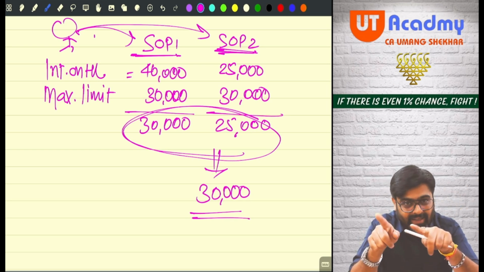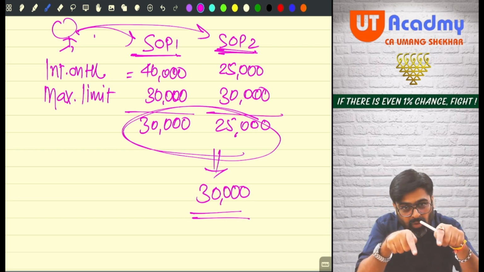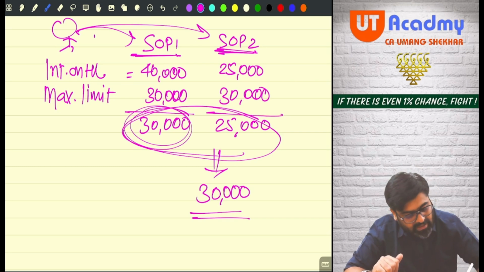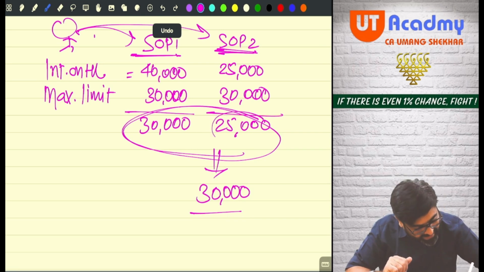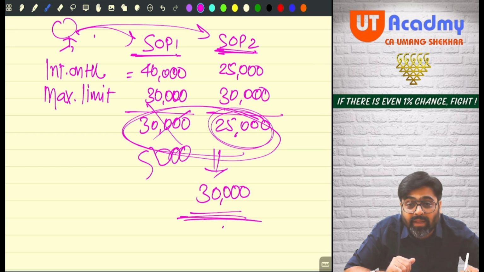Here what we took, 30-30 limit. So subject to 30 this is allowed, subject to 30 this is allowed, but both taken together is more than 30, no? So if you take this, then you forget this. Or if you are taking this, then this will not be allowed, only 5,000 allowed, so that the total is not more than 30,000.